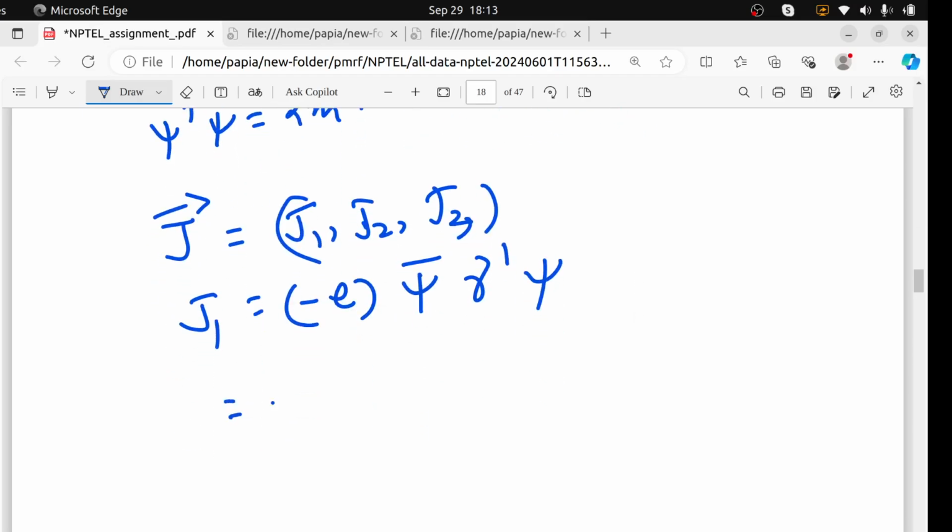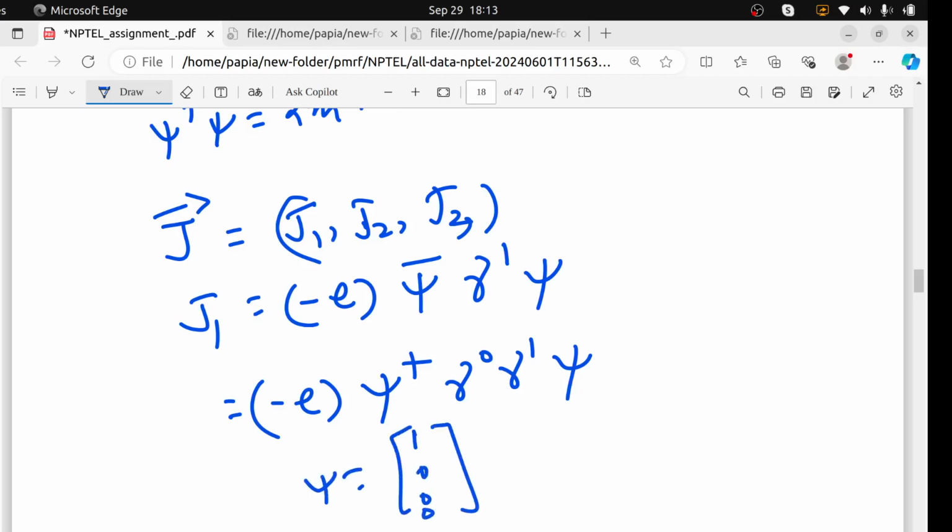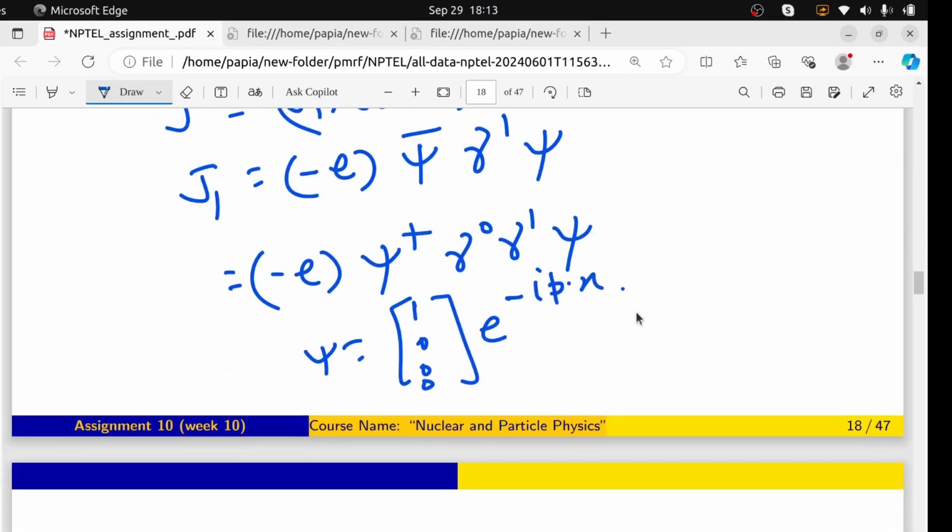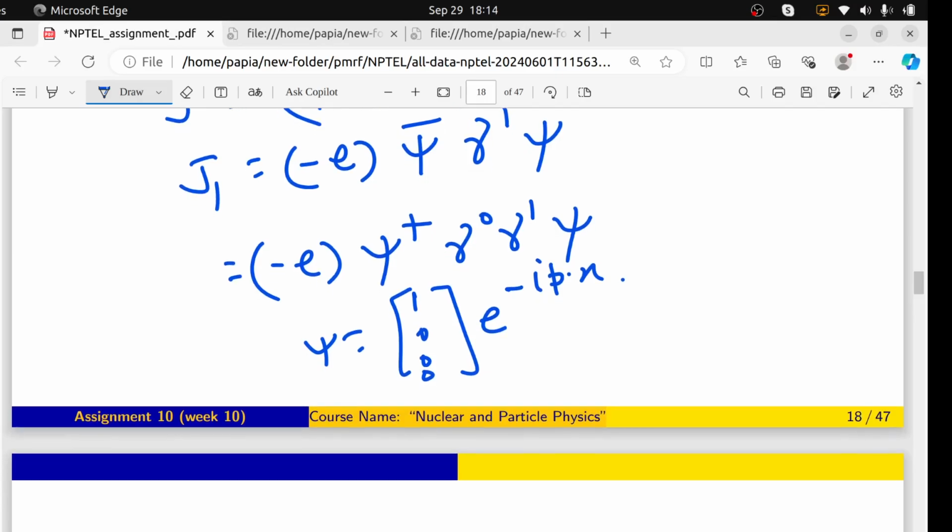If you calculate that, this is minus E psi dagger gamma 0 gamma 1 psi, and as our psi is like that, it can be done by yourself also. Just for checking, if I calculate gamma 0 gamma 1, multiply with psi, and then multiply with psi dagger, you can check this will come as 0. Just check.